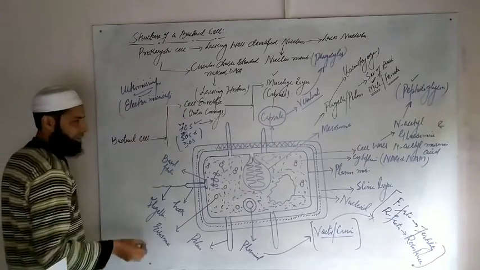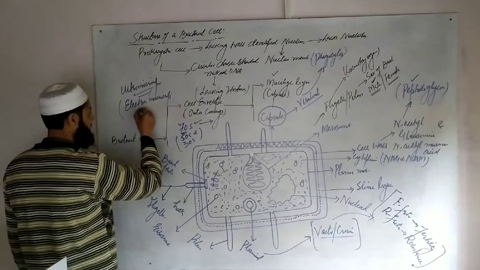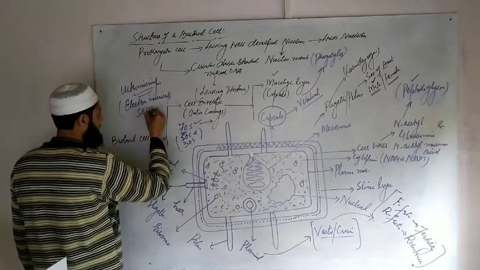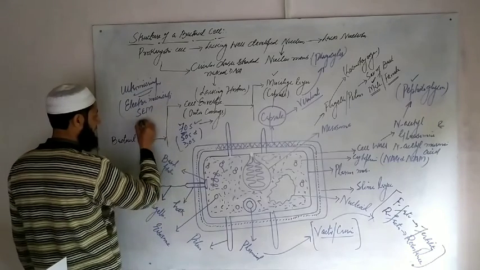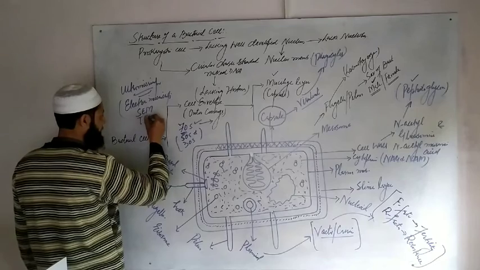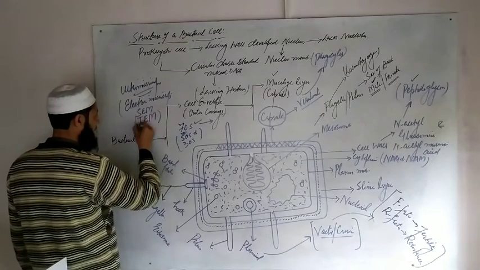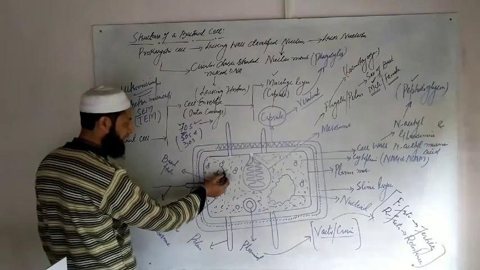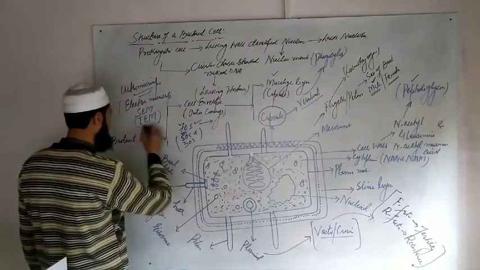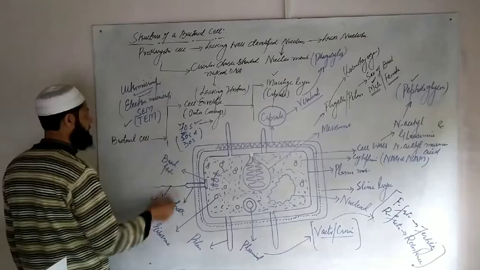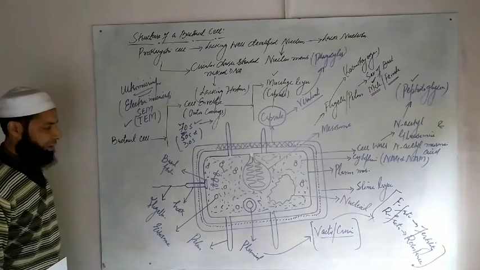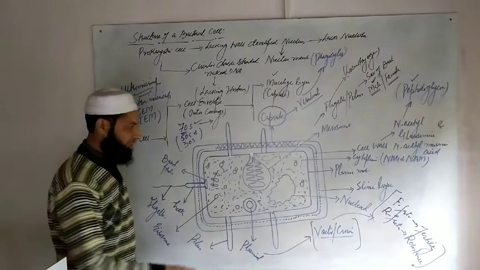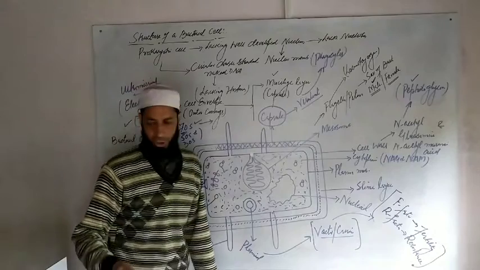There are two types: one is SEM, scanning electron microscope, and the second is TEM, transmission electron microscope. For determining the structure of a bacterial cell outside as well as inside, we use transmission electron microscopy so as to determine its ultrastructure. And this is about the structure of a typical bacterial cell.